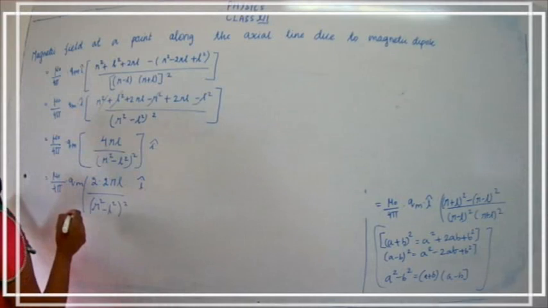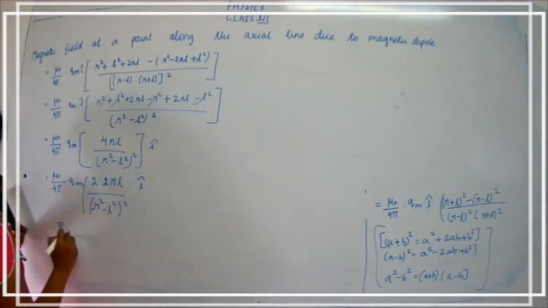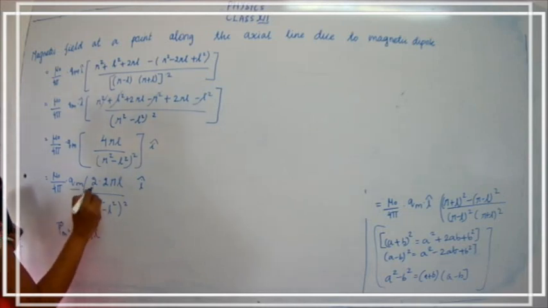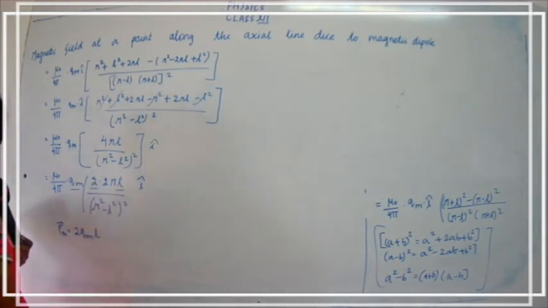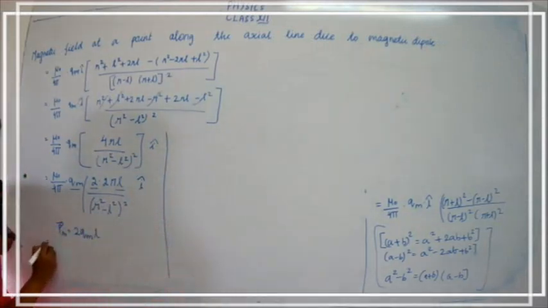Now, we already know that the magnetic moment, Pm, is equal to 2 Qm into L. So here we have Qm 2 and L. Replace it. I am writing here itself.